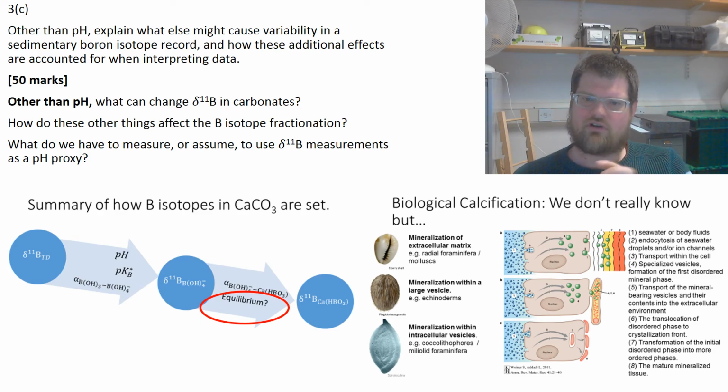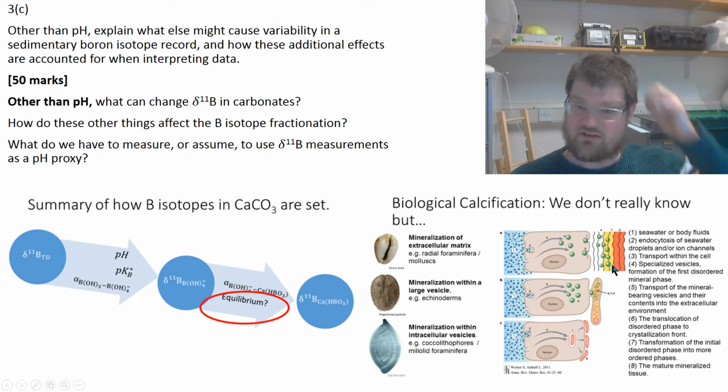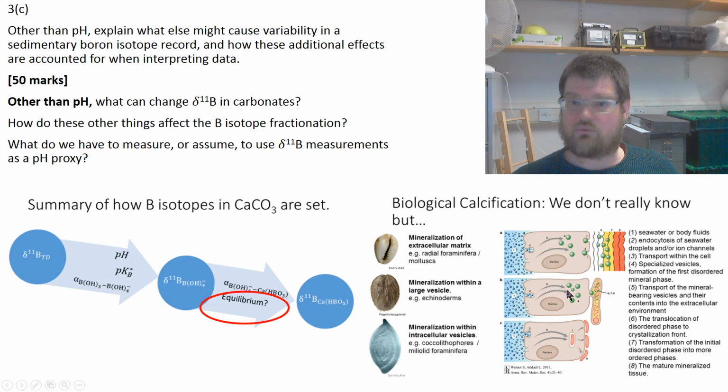And actually, during the formation of biogenic carbonates, the seawater, which is in these diagrams here, isn't really in contact with the thing that's actually doing the precipitation of the minerals. There's some kind of cell in the way. So they're not truly going to be in isotopic equilibrium, and the idea that there is some equilibrium isotopic fractionation between these two isn't quite true.